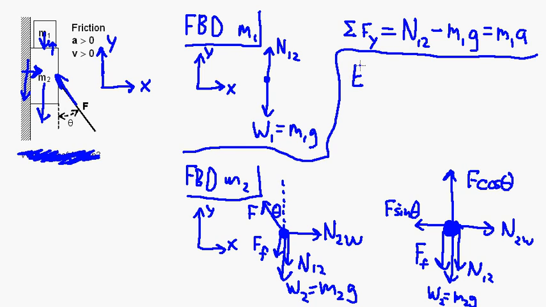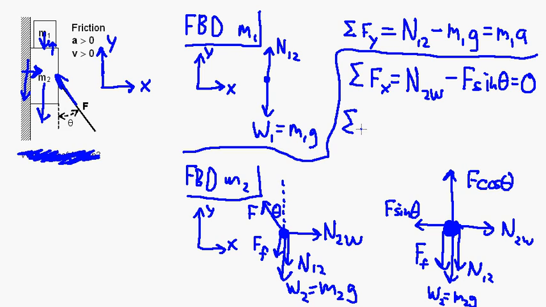And let's do it for mass 2. Sum of forces in the x direction equals, so we have the normal force between 2 and the wall, N2W, minus F sine theta. So that's just this going to the right, this going to the left, and that equals 0, because there's no acceleration in the x direction. Easy enough. And then sum of forces in the y direction. So we've got this F cosine theta going up.